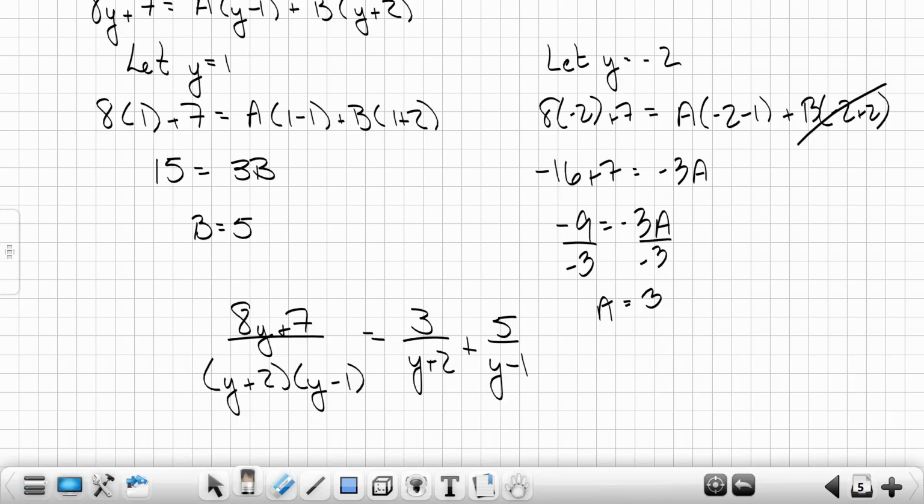Decompose 8y plus 7 over, actually, technically I should have put the actual intro problem, y squared plus y minus 2, equals 3 over y plus 2 plus 5 over y minus 1. So it is now decomposed into its component pieces. It's not. But there's more. It's now decomposed into its pieces.